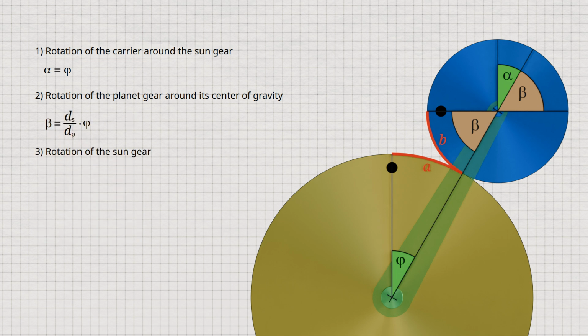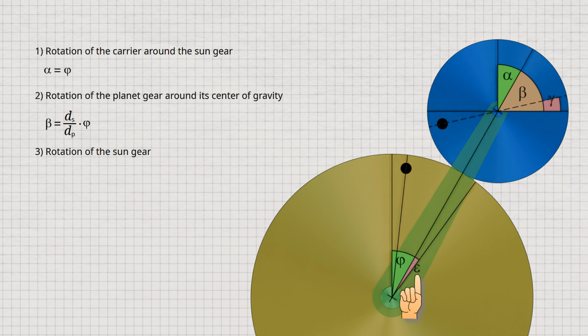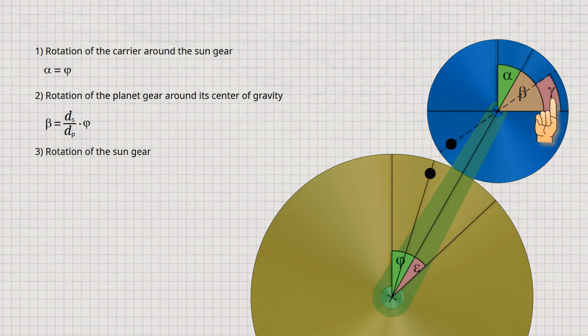Let us now look at the influence of the rotation of the sun gear on the rotation of the planet gear. To do this, we lock the carrier in the position shown and only rotate the sun gear. The sun gear then rotates clockwise by an angle epsilon within the time t. In this case, the planet gear rotates back counterclockwise by an angle gamma.